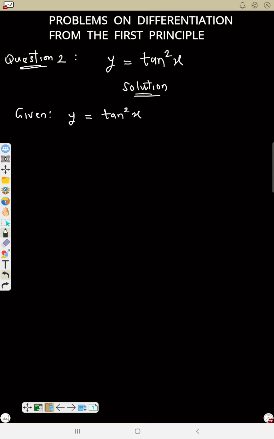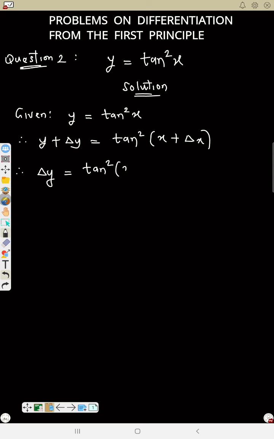So if y is tan square s, then first step, y plus small change in y will be equal to tan square s plus small change in x. Now take y to the other side. So this will be dy is equal to tan square s plus ds minus y.